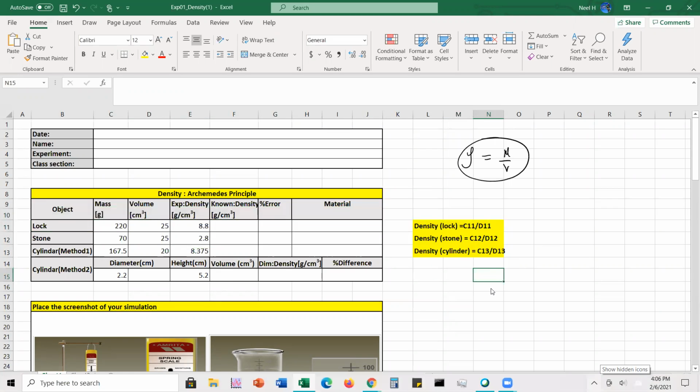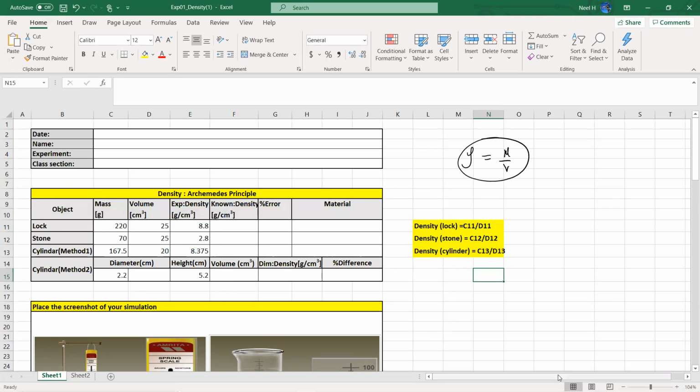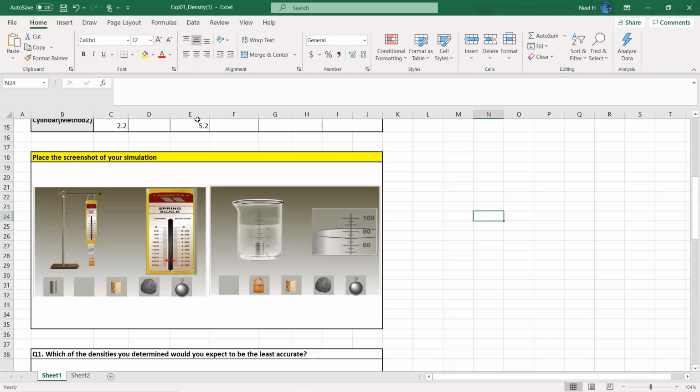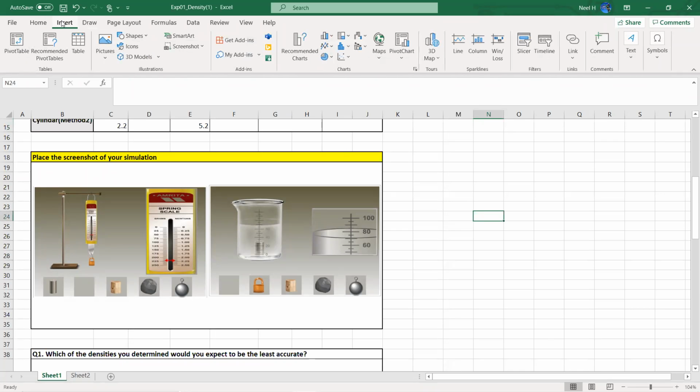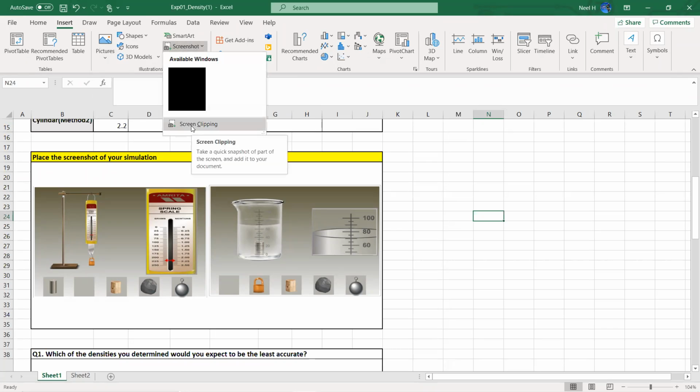Professor, how did you place the screenshot of the simulation? Could you show that one more time? Yeah. All you have to do is click Insert on the very top menu bar, and then you should see Pictures. A little bit to the right, you should see Screenshot. If you click on that screenshot, just below here, you should see Screen Clipping. Just click on that.